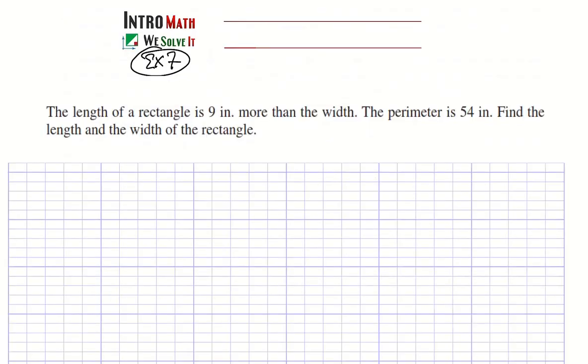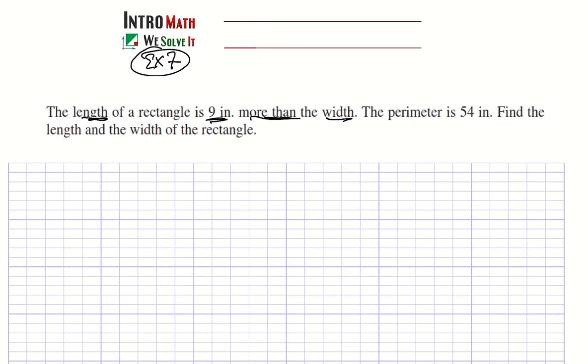Okay, let's look at example 7. It says the length of a rectangle is 9 inches more than the width. Pick up on that. The perimeter is 54. Find the length and the width. This is actually a very simple problem.